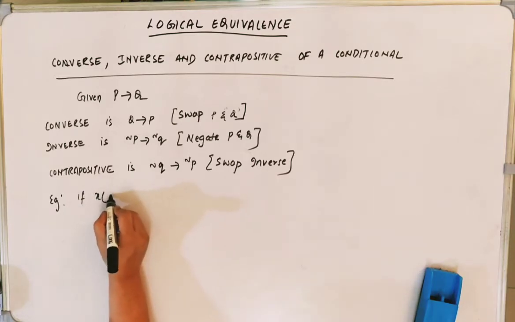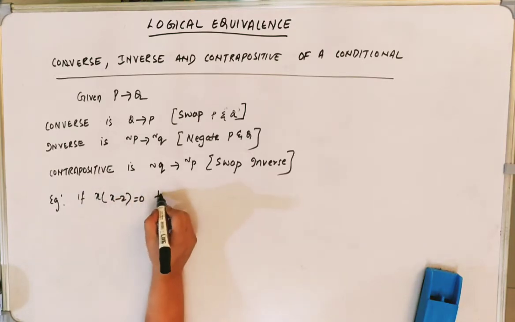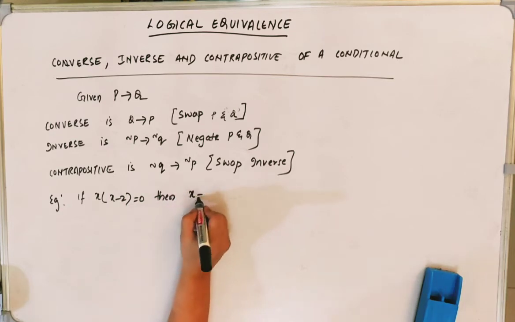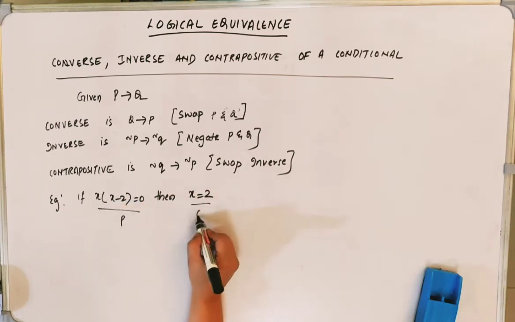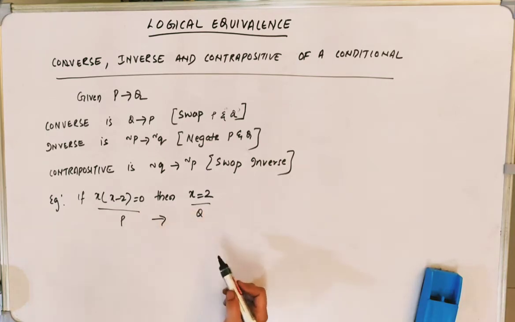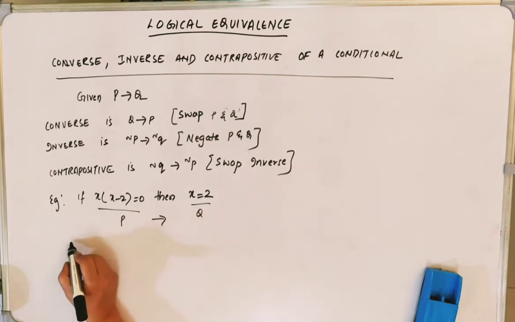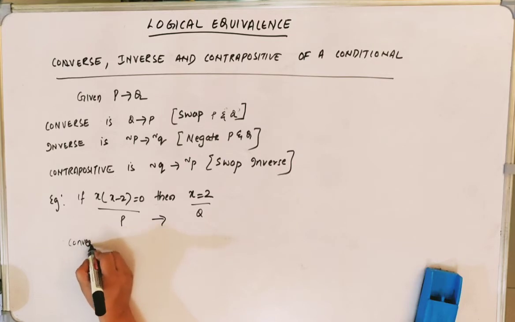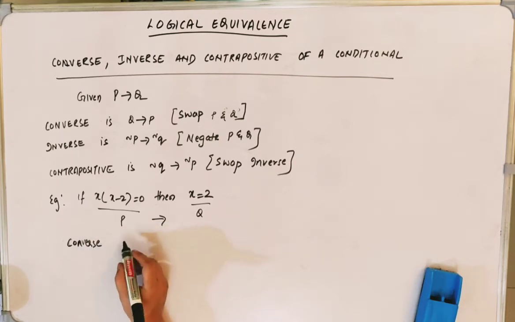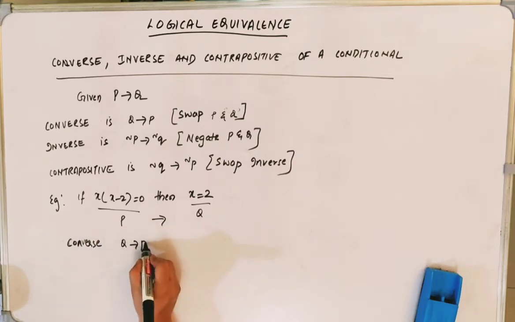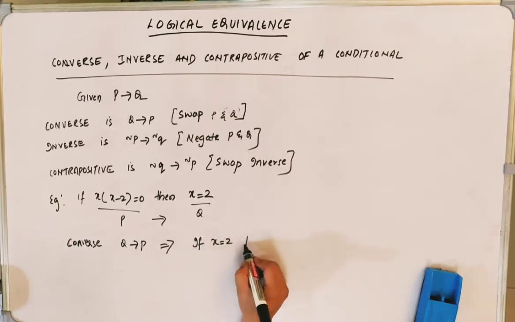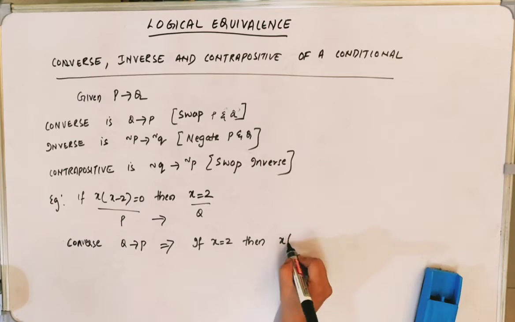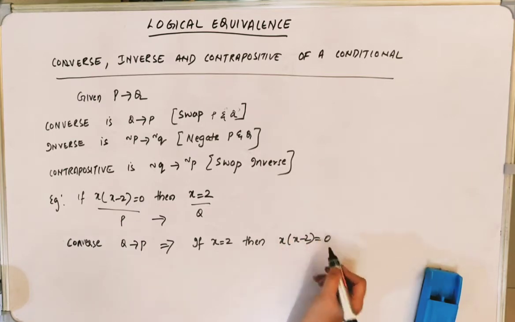Let's take this example. This is P and this is Q, and there is P conditional Q. So what would the converse be? Converse is Q conditional P, which is, if x is equal to 2, then x into x minus 2 is equal to 0.